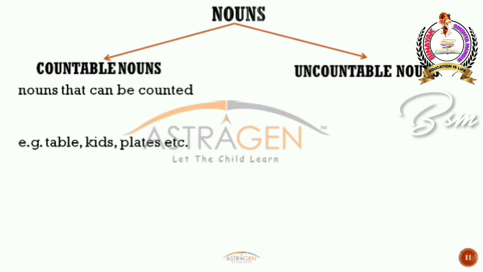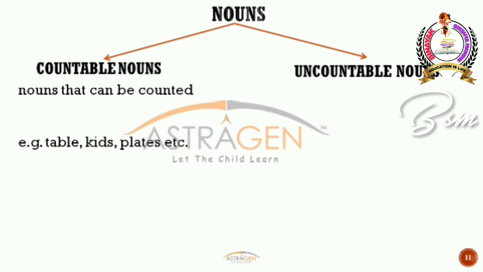And you will also be able to count how many students are there in each and every class, because they are countable nouns. What about plates? Can you also count plates? Yes, we can count plates, right? So in your own home, how many plates do you have?